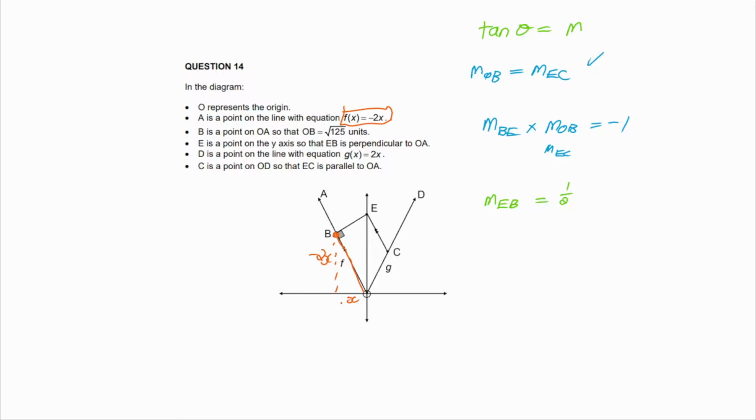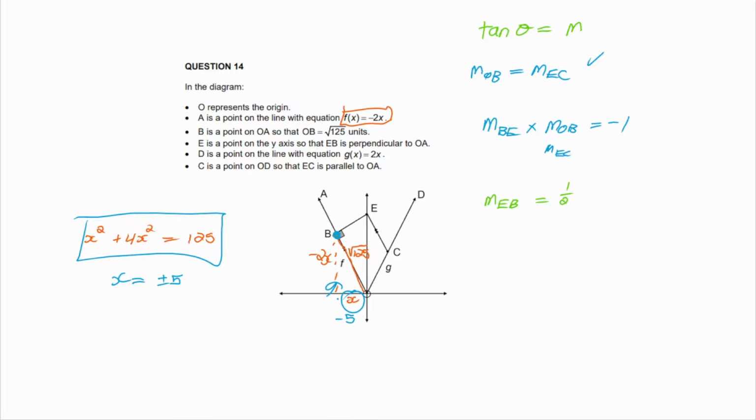We know this distance is square root 125. They used the distance formula, but you could have just done Pythag in this triangle down here, and solved for x to get x is plus or minus 5. But obviously this x has to be negative 5.